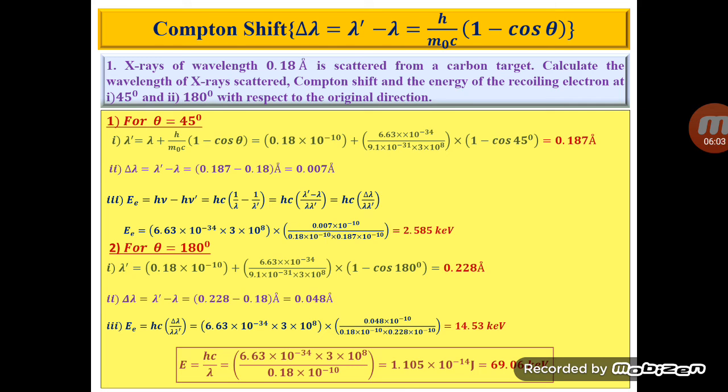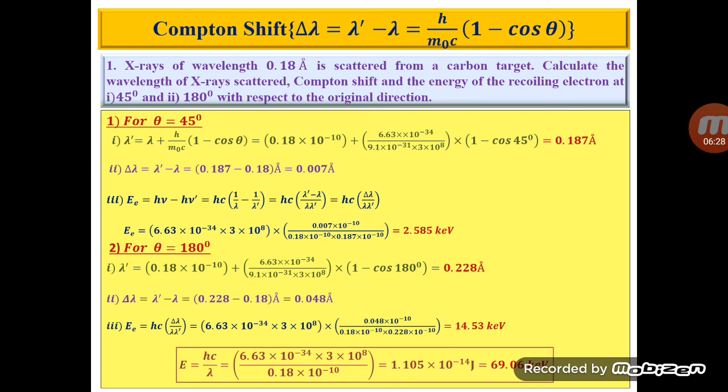And for a scattering angle of 180 degree, the value of lambda prime is 0.228 angstrom and delta lambda is 0.048 angstrom, and the energy of the recoiling electron is 14.53 keV.